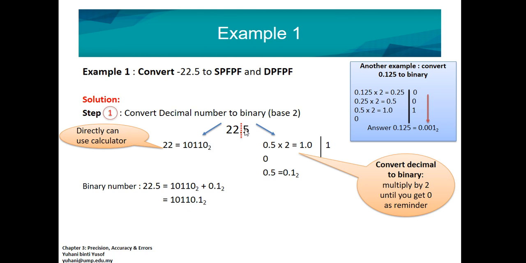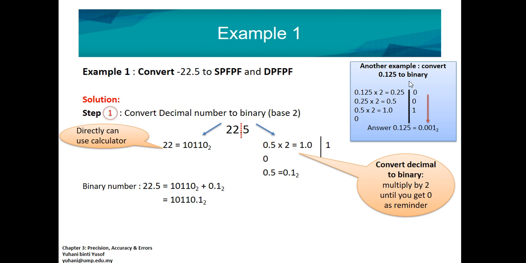For the floating point 0.5, you need to multiply by 2, and you will read the answer from top to bottom. You will times by 2 until you get the remainder as 0. For example, here you have 0.5, so 0.5 times 2 is 1. So we put 1 as the integer, so the remainder is 0. So the answer is 0.1. So when you sum up, this one is 10110.1 base 2.